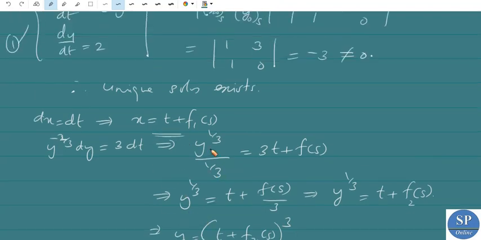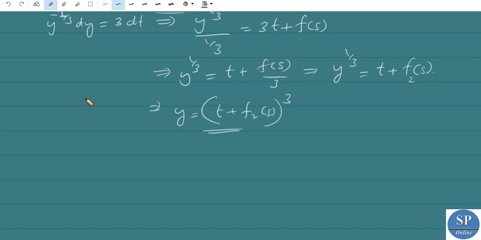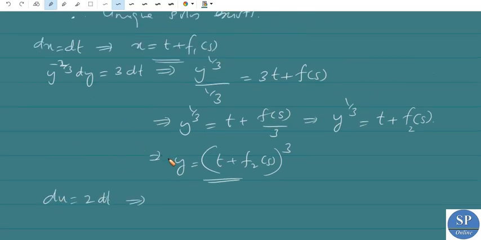And the third one is du/dt = 2, so du = 2 dt. From this we get u = 2t + f3(s).